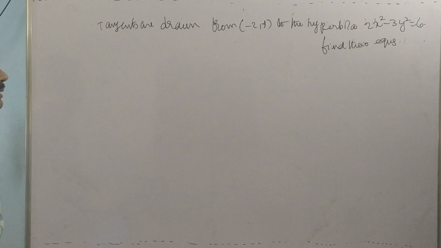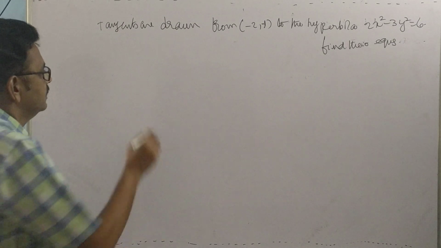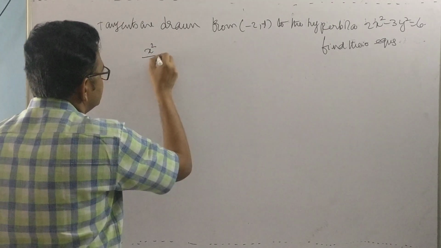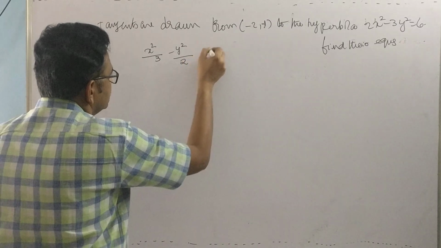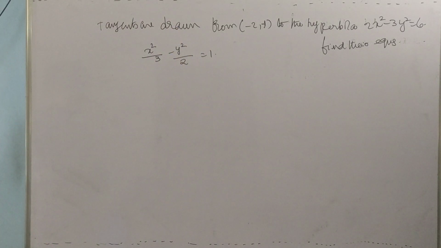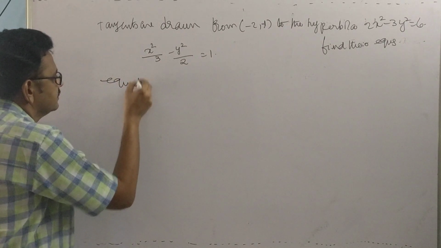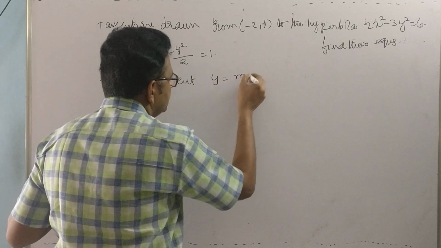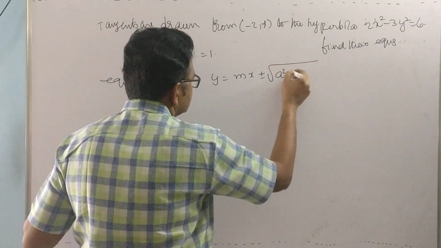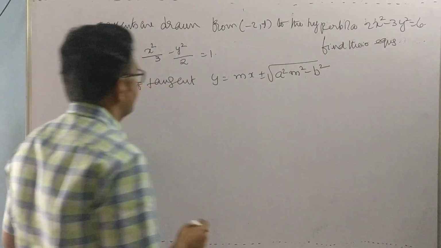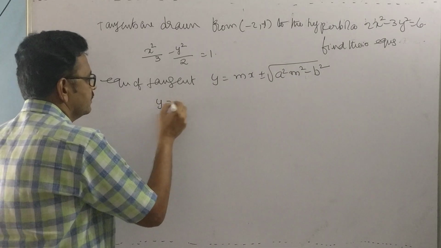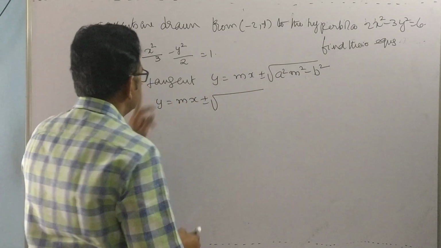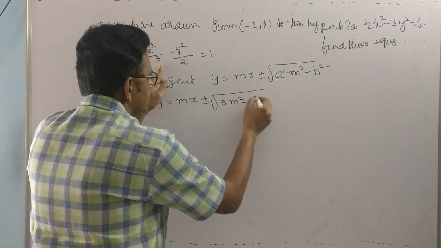Tangents are drawn from the point. So this is x²/3 - y²/2 = 1. The equation of tangent to the hyperbola in slope form is y = mx ± √(a²m² - b²), that is y = mx ± √(3m² - 2).